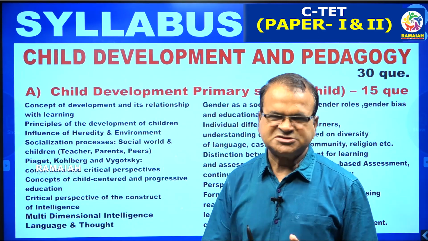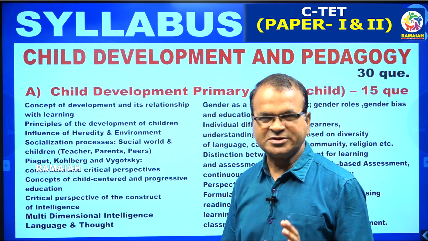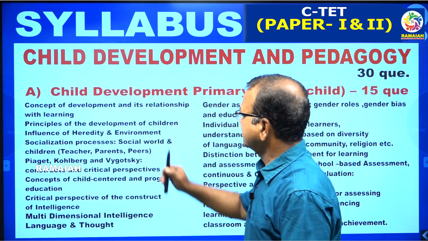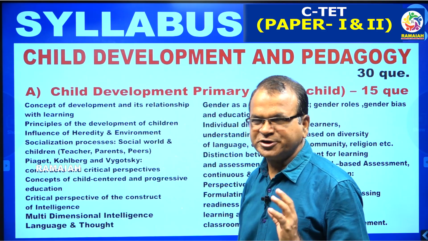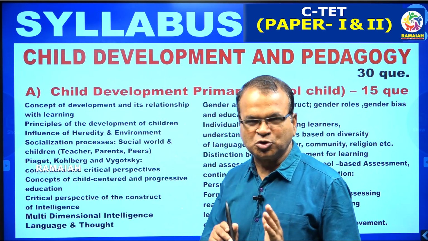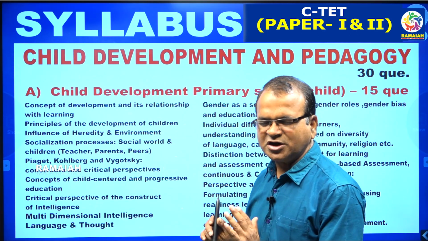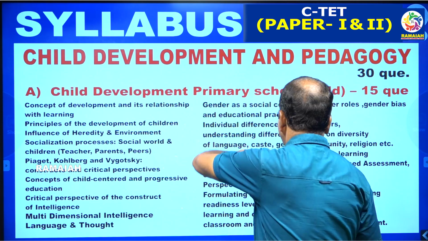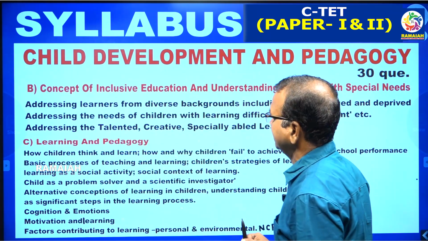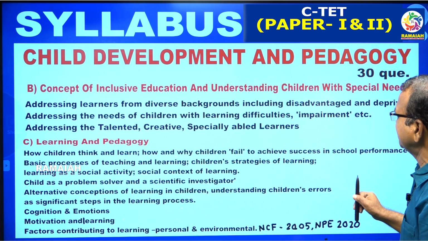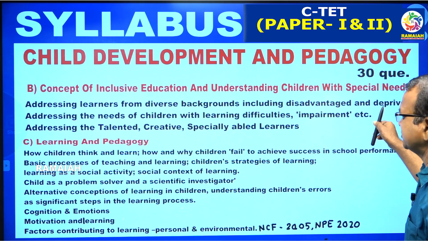Friends, the syllabus regarding child development and pedagogy is categorically divided into three parts. In part A, they have given priority to child development, particularly the process of child growth and development and what are the learning experiences as a school teacher we have to provide. Part B is regarding the concept of inclusive education and understanding children with special needs.